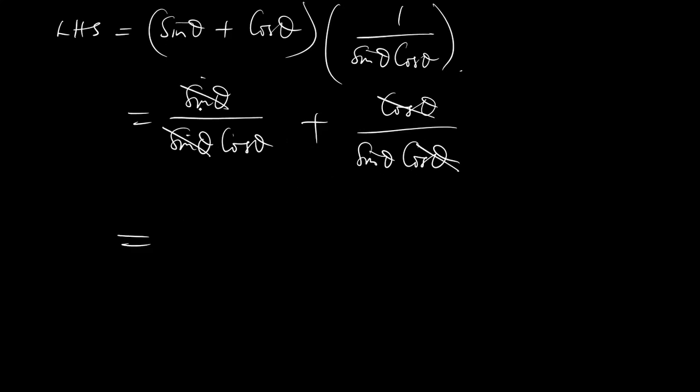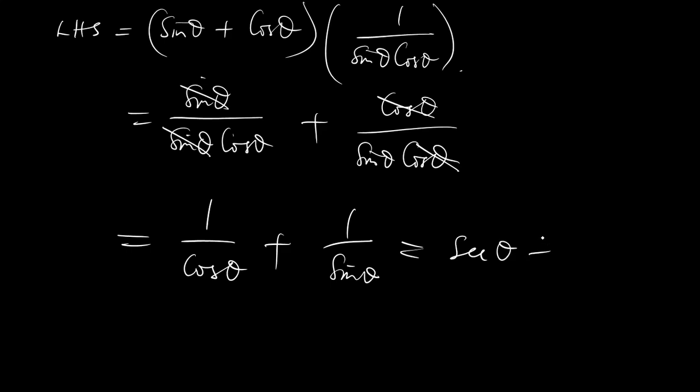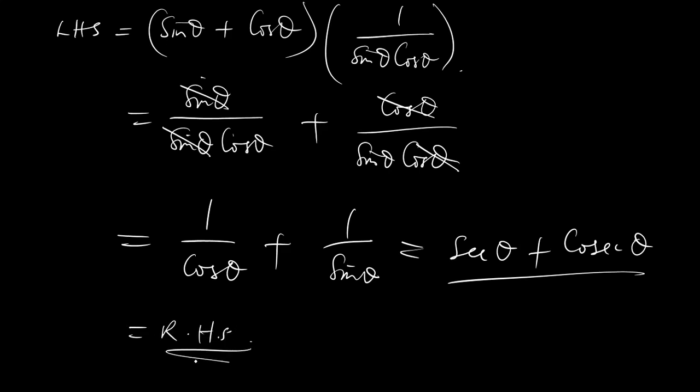So now you have 1 all over cos theta plus 1 all over sin theta. So 1 all over cos theta is sec theta plus 1 all over sin theta is cosec theta. So this is equal to the right hand side. So that is proved. So they are equal.